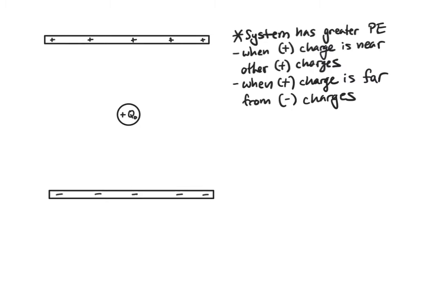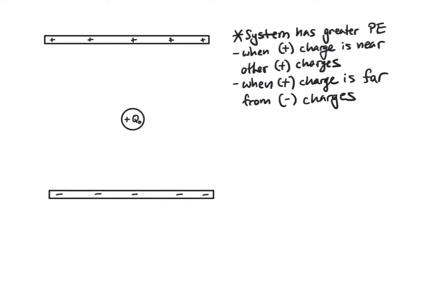On the other hand, if I ignore the top plate and I consider only the effect of these negative charges, if this positive charge starts far away, again, the negative charges can attract it, pull it downwards over a large displacement, which means there's a large amount of work to be done.